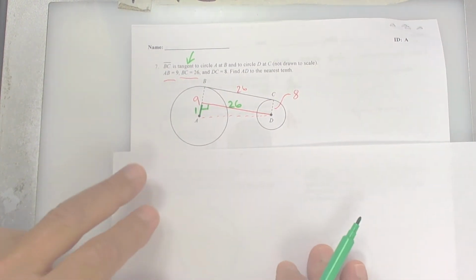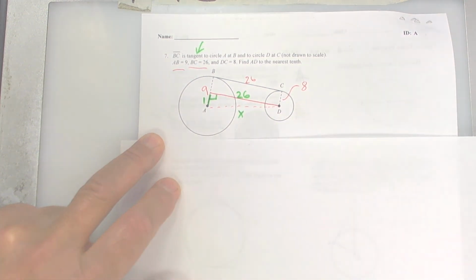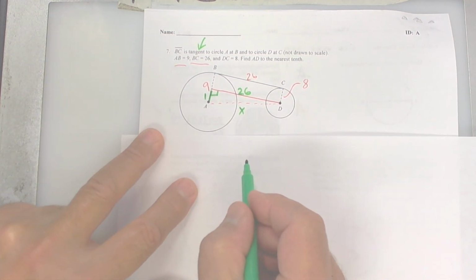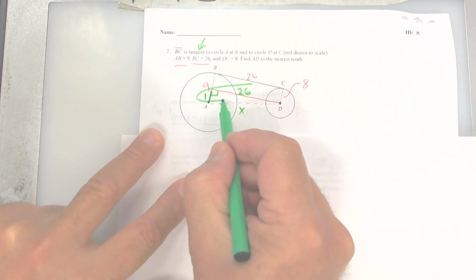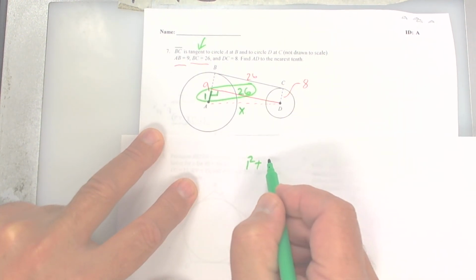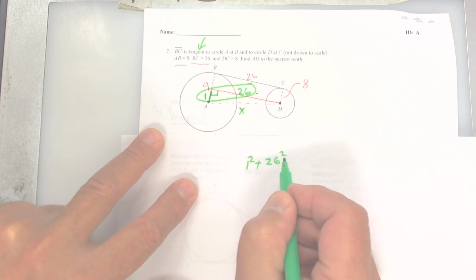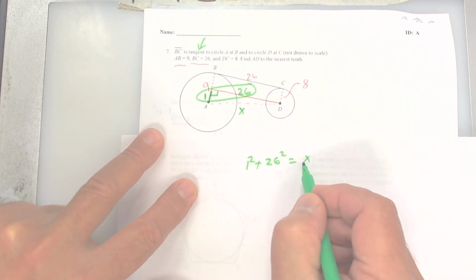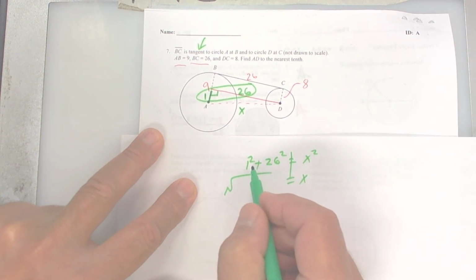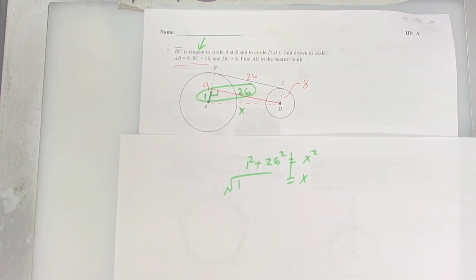All right, so now you have a triangle, and your triangle basically looks like this. So it's going to be short leg squared plus long leg squared is equal to the hypotenuse squared. So x is going to be the square root. 1 times 1 is 1.